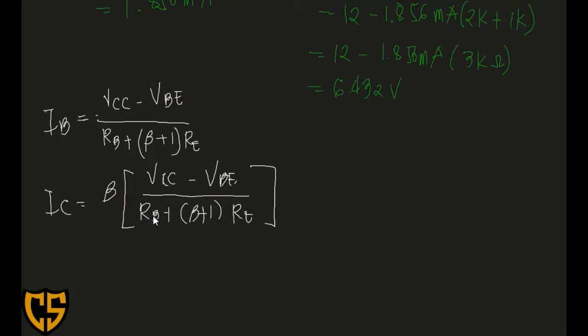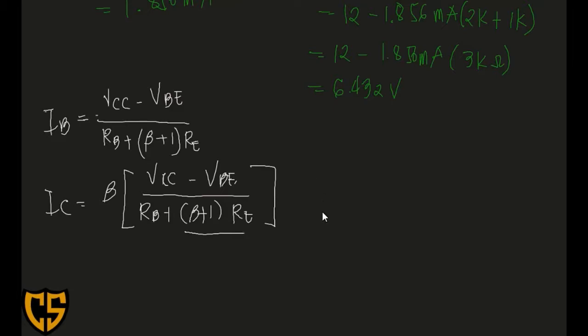The tendency is that beta and beta plus 1 can cancel, approximately equal. So that means if your RB is very small relative to beta plus 1 RE, your circuit will not be affected by the value of beta.